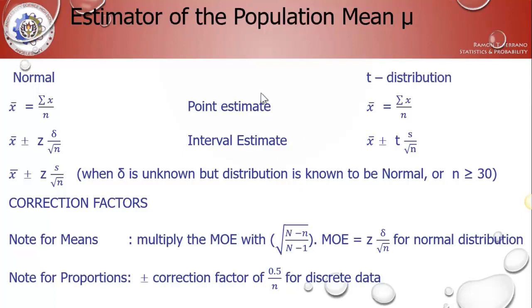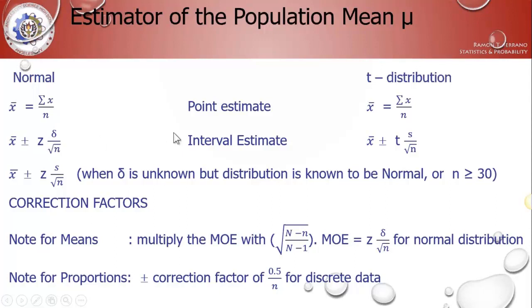So, the estimator of the population mean mu is given by the following formula. For point estimate, sa normal distribution, we use summation of all x's or lahat ng values, add natin lahat, divided by n, the sample size, which is exactly the same sa t-distribution.